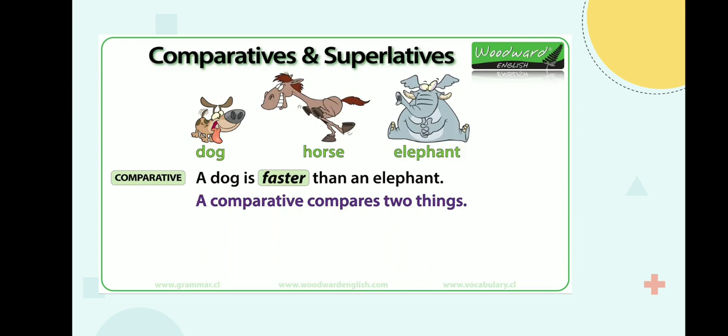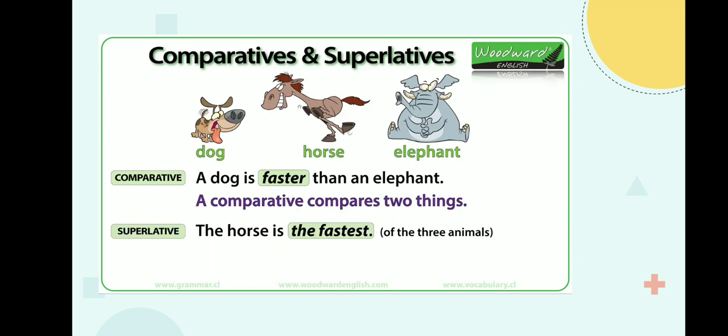Now let's compare the horse with the other two animals. We say the horse is the fastest, which means the horse is the fastest of the three animals. Fastest is a superlative.